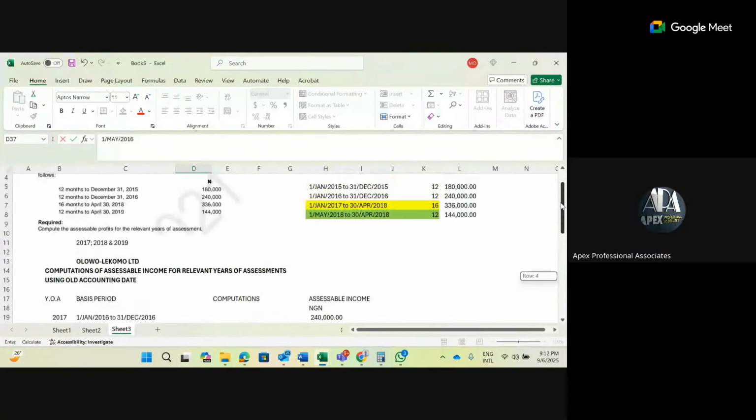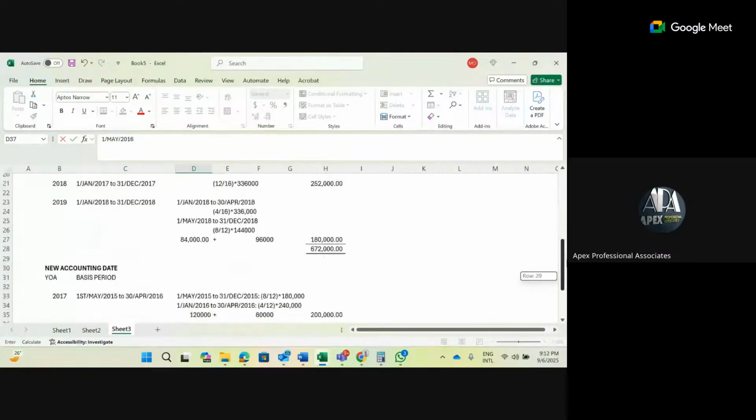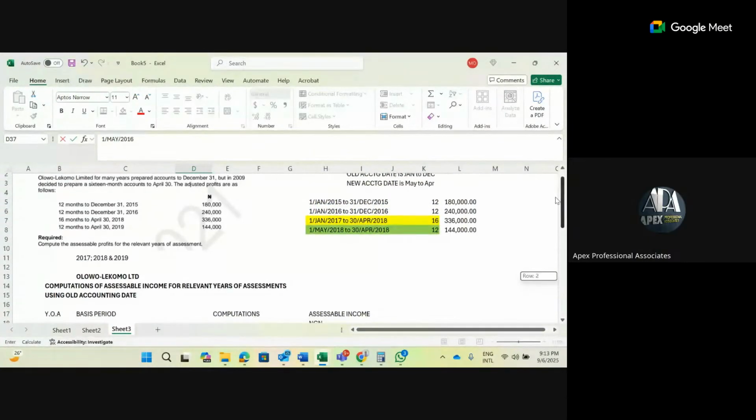So let's quickly go up. We are going to get it in 2 different periods. We are going to get one from 1st of January 2016 to 31st of December 2016, a profit of 240,000. Then we are going to get another one from 1st of January 2017 to 30th of April 2018.